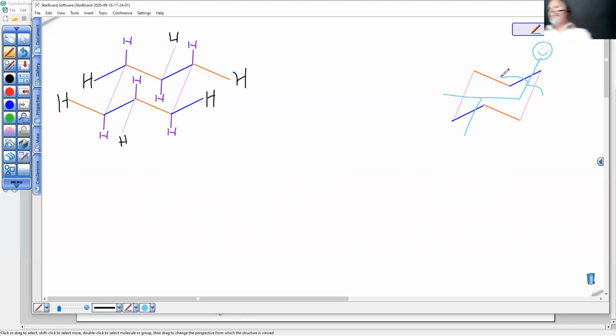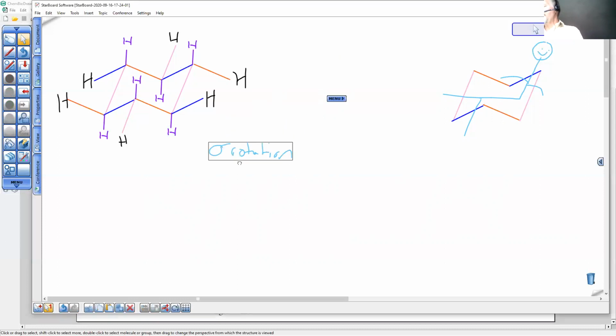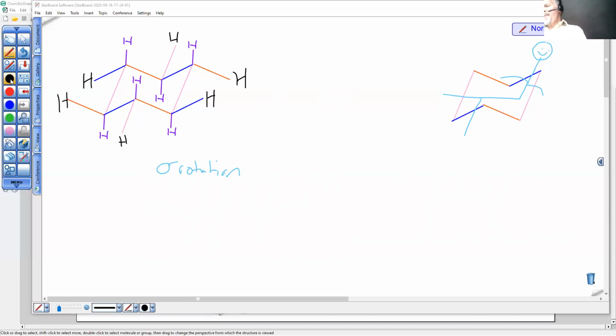When we go to the other chair, here's the story. We're going to do sigma rotations. And we'll do this going downwards. There we go. It's not a chemical reaction. I don't like using equilibrium arrows, but it's going back and forth like equilibrium.